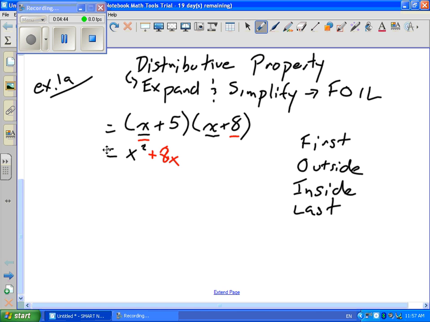Next, Sheldon is going to multiply the inside terms, which is 5 times x, and he gets 5x. Very good. And finally, he's going to multiply the last terms. 8 times 5 is 40. Excellent. Okay, write it all out in black now. If you notice as he's doing this, he underlined each term in the brackets twice. That means every number has to be multiplied twice in this process.